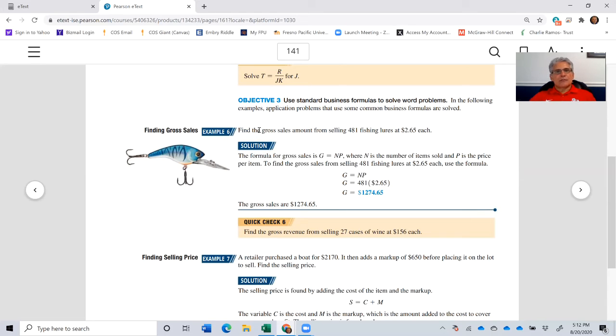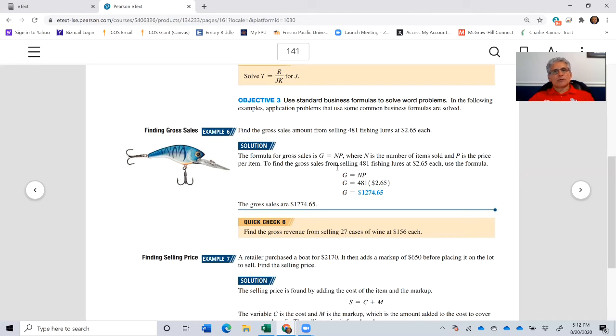Okay, another standard formula that you might use in word problems, the formula is G equals NP, where G represents the gross sales, N would be the number of items sold, and P would be the price. G equals NP.